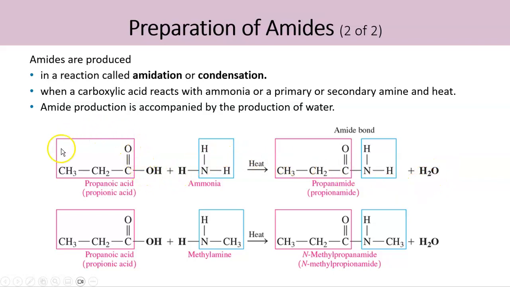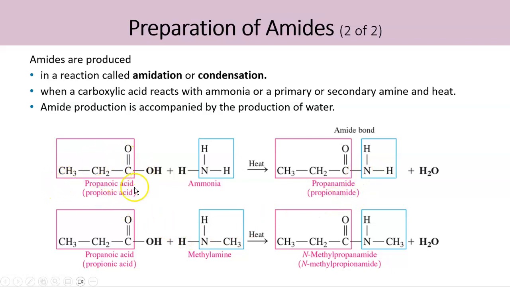The rest of the fragments of the carboxylic acid and the amine will just combine to make a new bond called an amide bond. This is called a condensation reaction that requires heat because it needs energy to break bonds and to form new bonds.